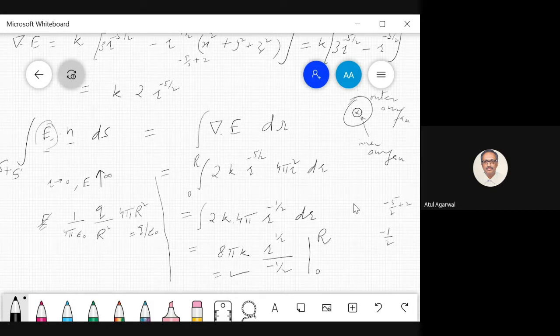It is coming from this limiting sphere of 0 radius. So what is the electric field there? 1 upon 4 pi epsilon naught q upon epsilon square, calling it a small radius epsilon, into the surface area, 4 pi epsilon square.